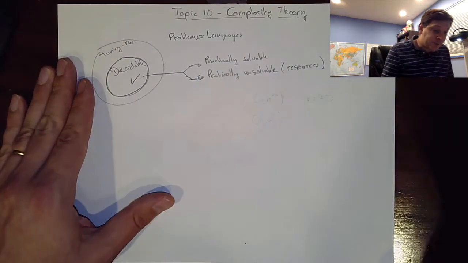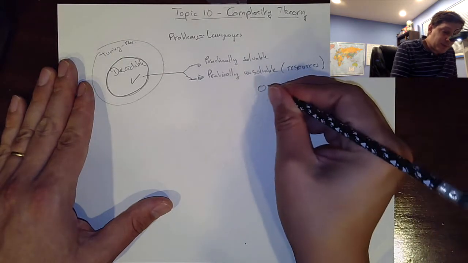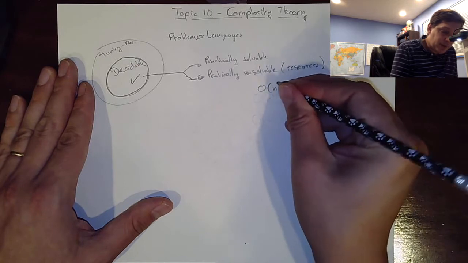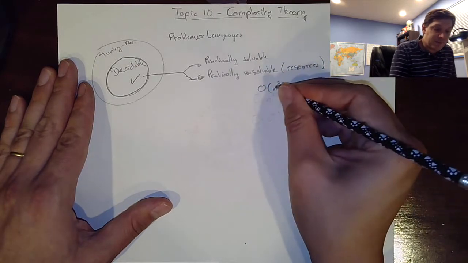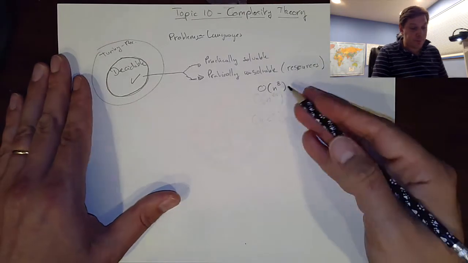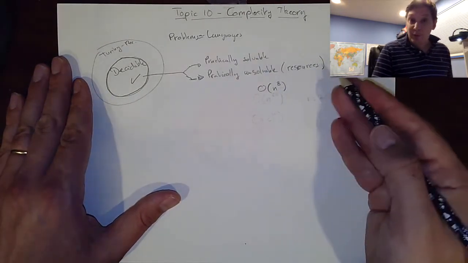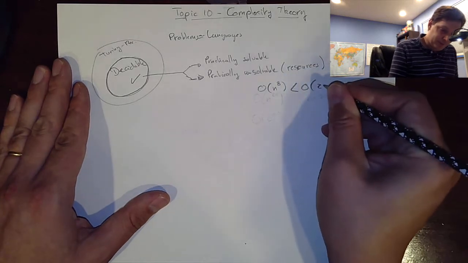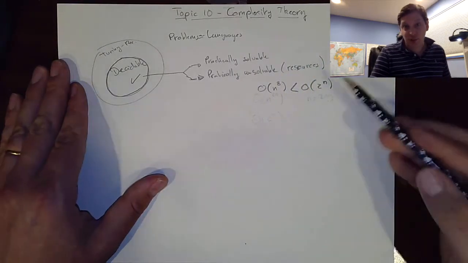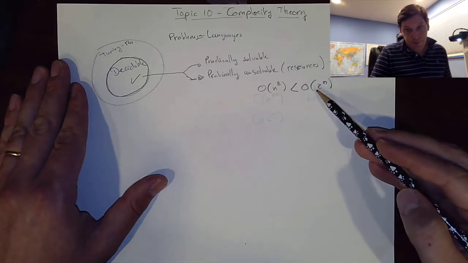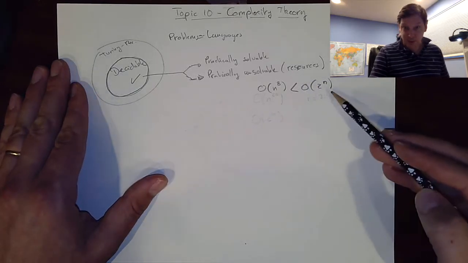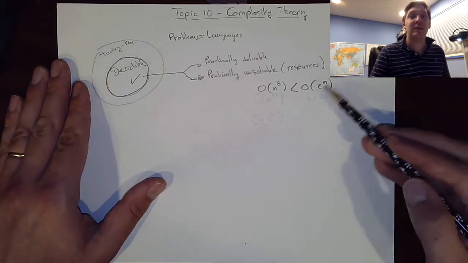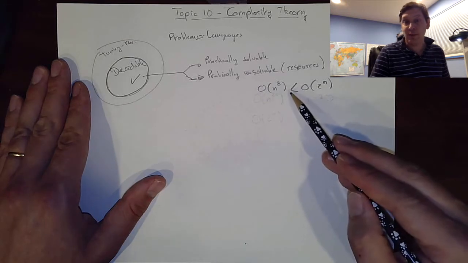So if we take a quick example, and you already know that, if I take even a high exponent here, the problem is of the order of n to the power of 8, and I compare that with 2 to the power of n, in general, the exponential complexity, this one is going to be much more time consuming than the polynomial complexity, right?